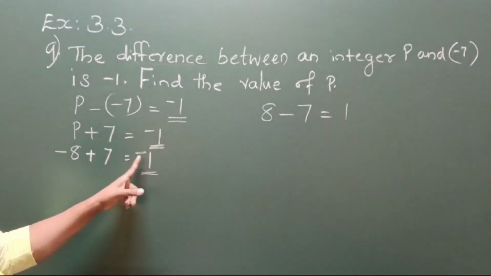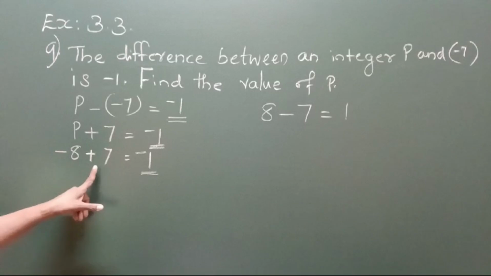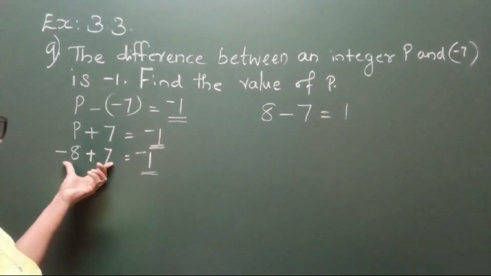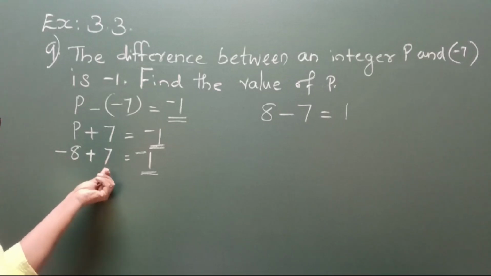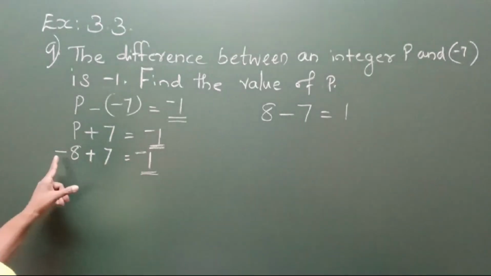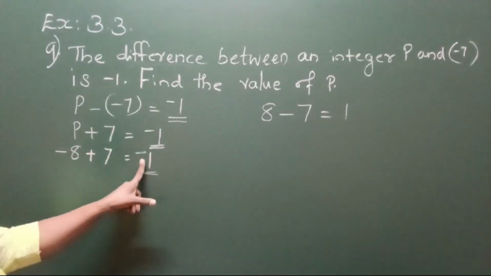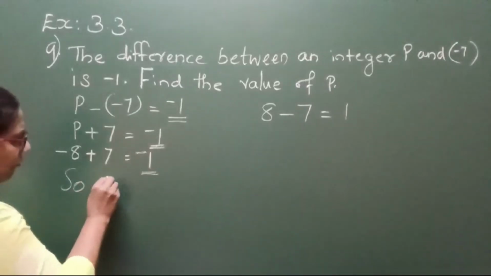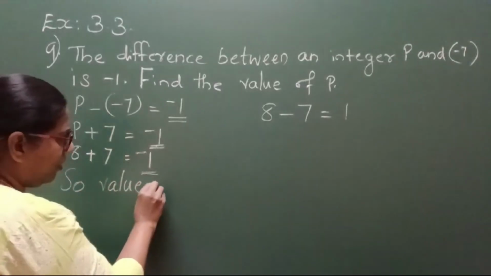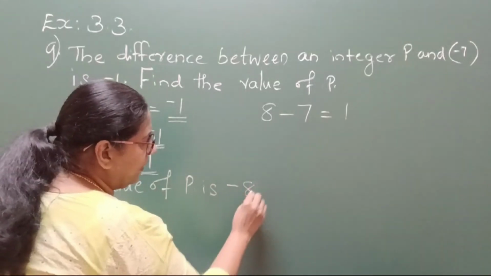That is the reason the minus symbol came in the answer. So minus 8 plus 7. Since they are two different integers, we have to find the difference. 8 minus 7 is equal to 1. The greater number's sign is negative, so in the answer we have to give the sign negative. So the value of p is minus 8.